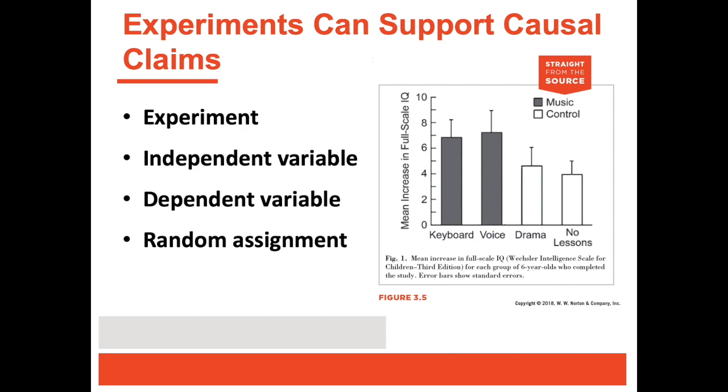And if we randomly assign them to a group, that makes it so each group will roughly have the same amount of depression and anxiety, or the same amount of experience with music. So if we randomly assign them, that will make it less likely that there's a third or other variables that are causing the change in your dependent variable, the outcome.